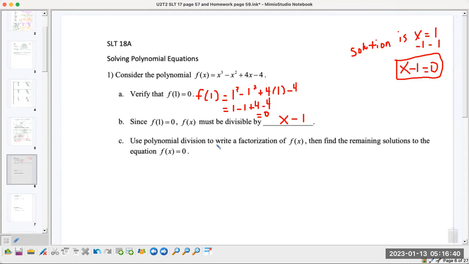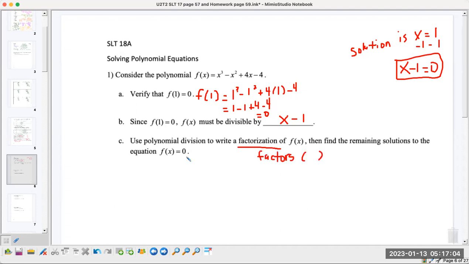Okay, now use the polynomial division to write the factorization of the equation f of x equals. So we're doing two things.